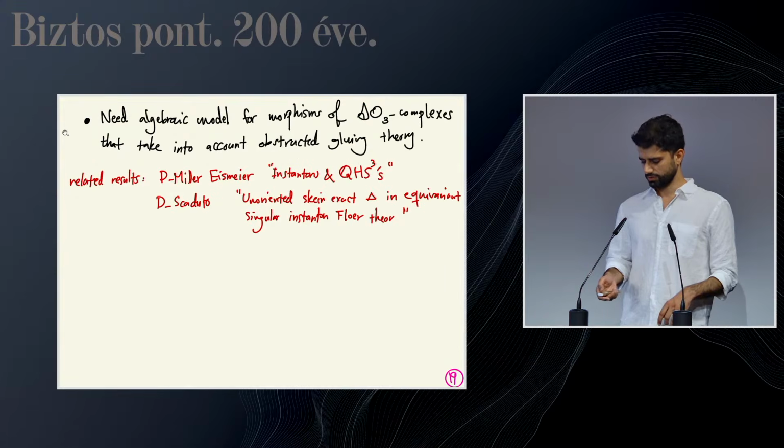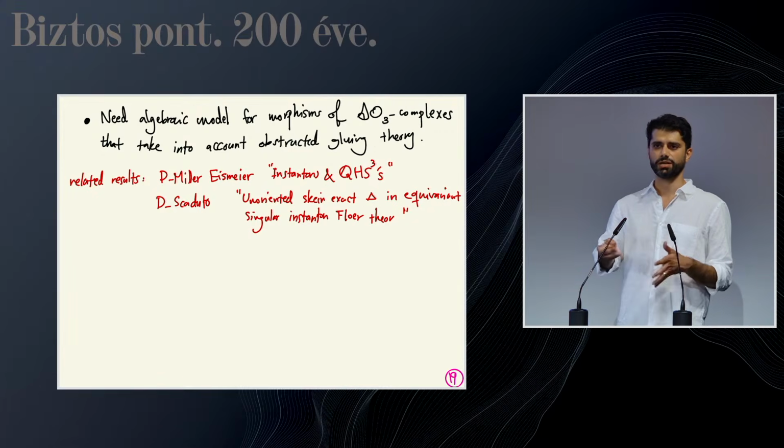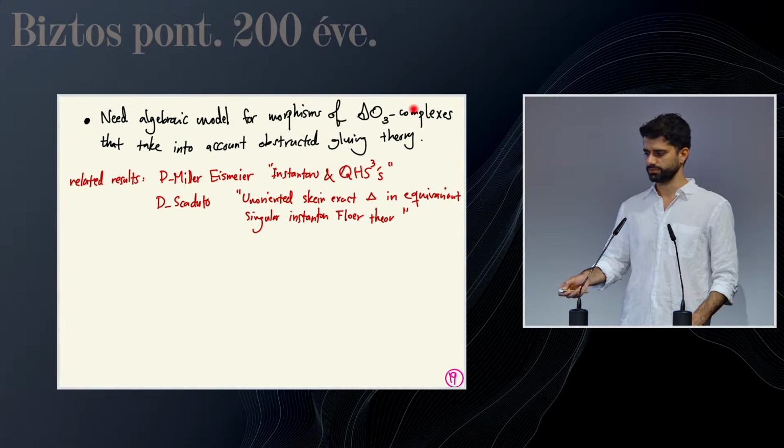The point is that this trivial connection is obstructed, in the sense that it is not cut out transversely. So you need to develop some algebraic model for how morphisms of these SO3 complexes take into account the obstructed gluing theory related to understanding the neighborhood of these connections.